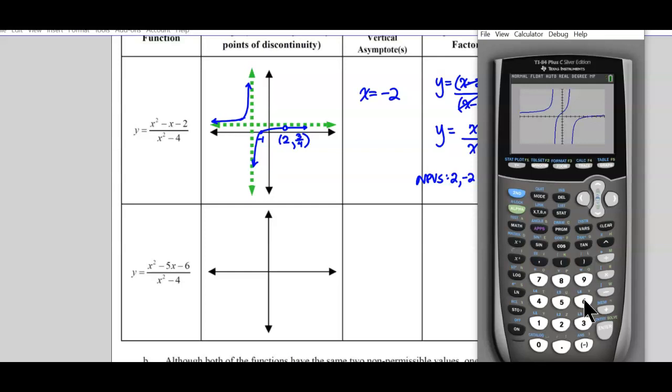Okay, so this one looks like it does have 2 asymptotes, at positive or negative 2, which kind of makes sense.